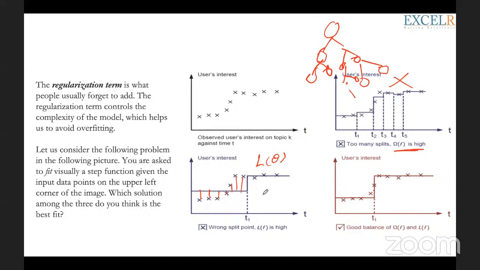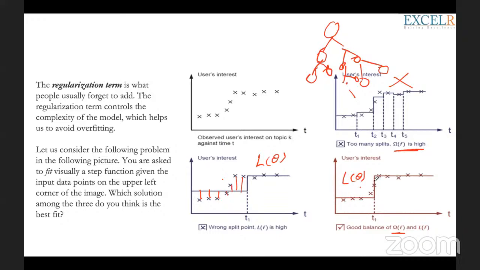Though the complexity is not that high, the loss is very high for this model. But what is the right model? The right model is one with a reasonable complexity. That means here we have a reasonable complexity. The error is also very low here. The loss L of theta is low, and the complexity, the omega, is also reasonable.